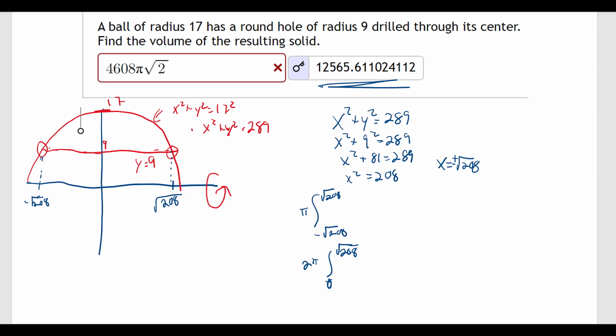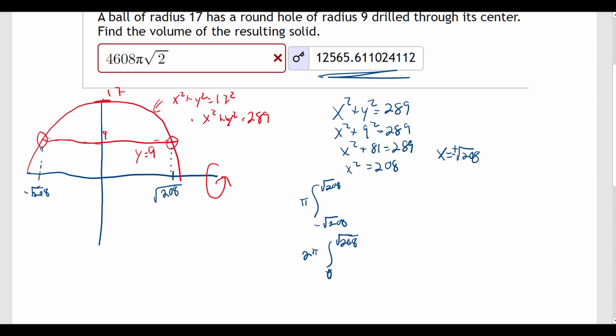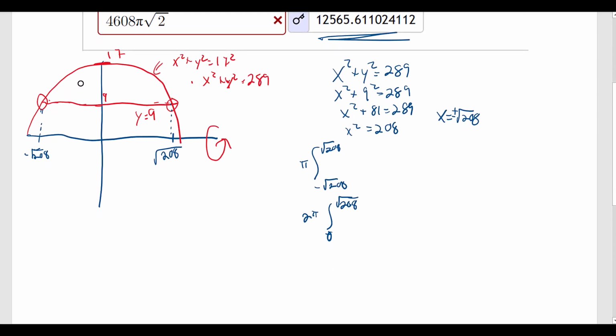Okay, now we've got to set up the part inside. Since it's a circle, we need to solve for y, so that it says y equals. So if we have x squared plus y squared equals 289, subtracting the x squared, y squared equals 289 minus x squared.